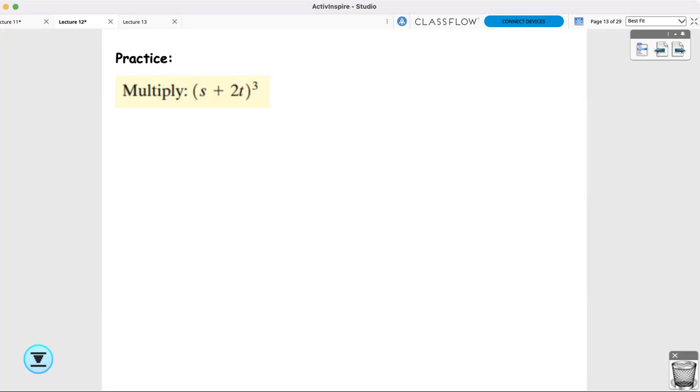All right, the answer I got is s cubed plus 6s squared t plus 12st squared plus 8t cubed.